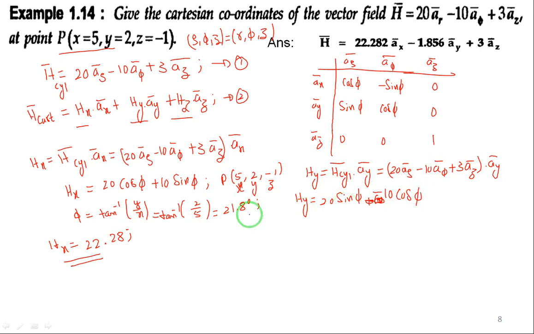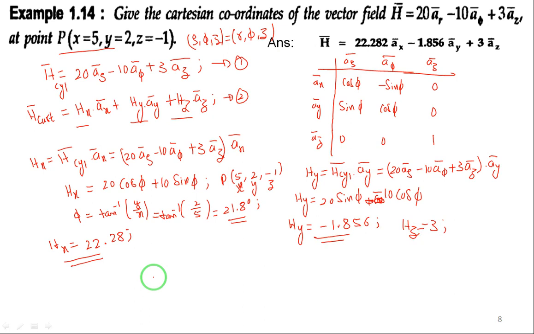Leave it. Substitute the value of phi, 21.8 degrees. After calculation, hy you will get is minus 1.856. Hz need not be calculated; both are the same, that is 3.